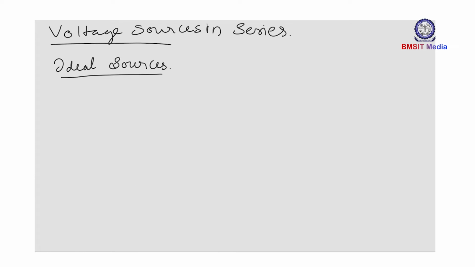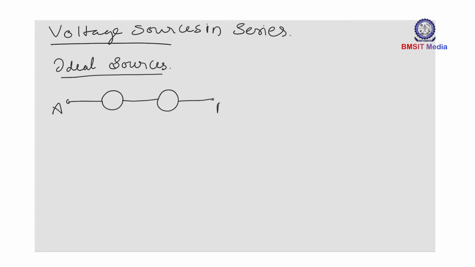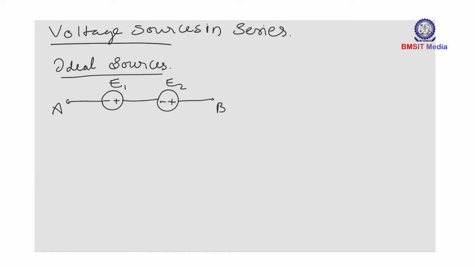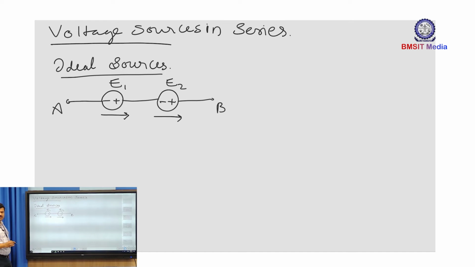When two ideal voltage sources are in series, let these be the terminals A and B with voltage values E1 and E2. Now, the direction of both voltage sources is the same. The effect of E1 is in the clockwise direction, and the effect of E2 is also in the clockwise direction. So, when the direction of voltage sources is the same, the voltages add up.